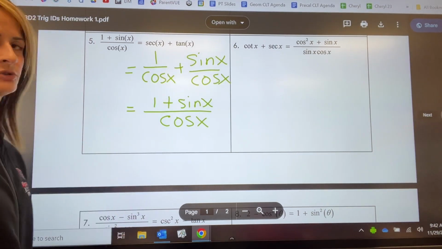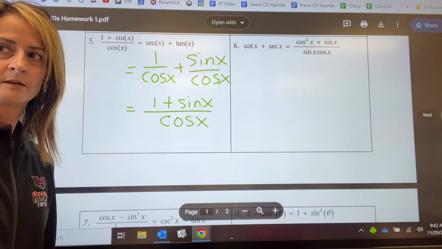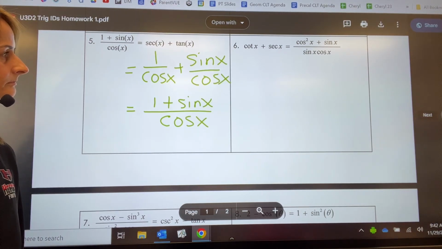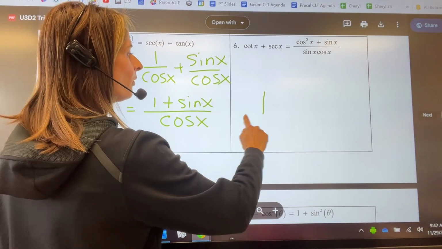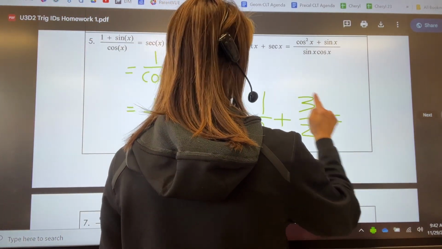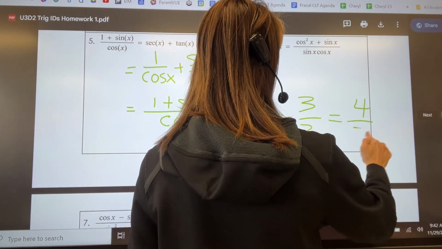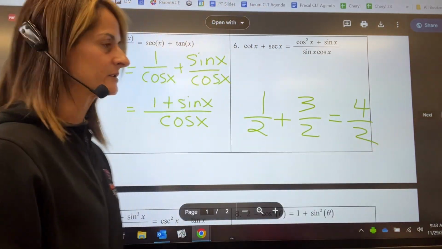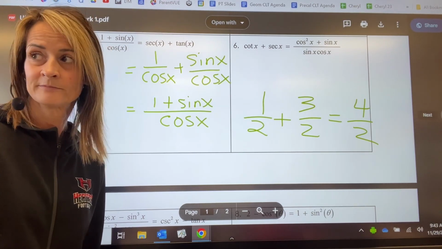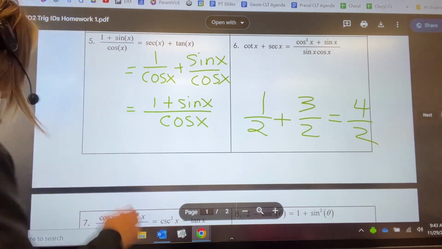It's because we're adding those two fractions. I mean, if that was 1/2 plus 3/2, we would say it's 1 plus 3. It's 4/2, right? The 2 stays in the denominator. That's what we're doing here. Are we good with that?